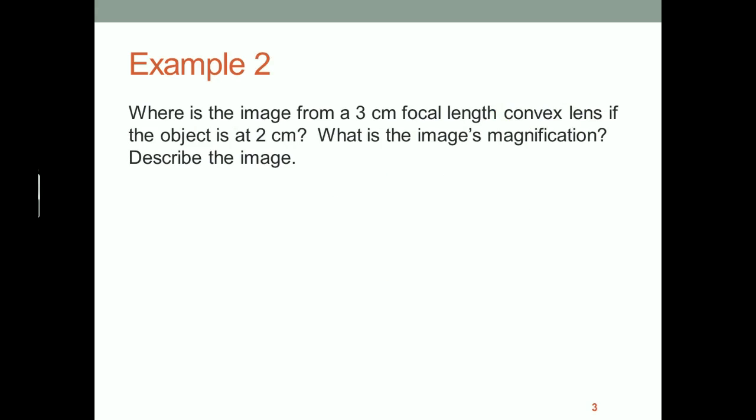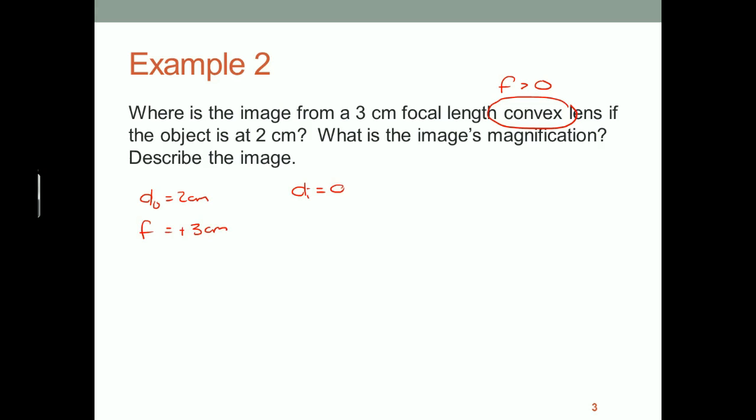For example 2, it's the same setup, but instead of a concave lens, I have a convex lens. Because it's a convex lens, that means that f is greater than 0. do is 2 centimeters. f is a positive 3 centimeters.